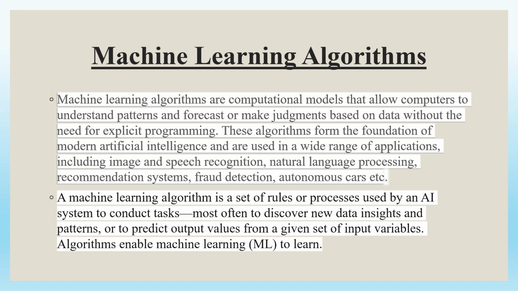So basically, an algorithm is a set of rules or processes that is used by an AI system to perform a task. And most of the time it is to discover new data, to find patterns, or even to predict output values from a given set of input variables.